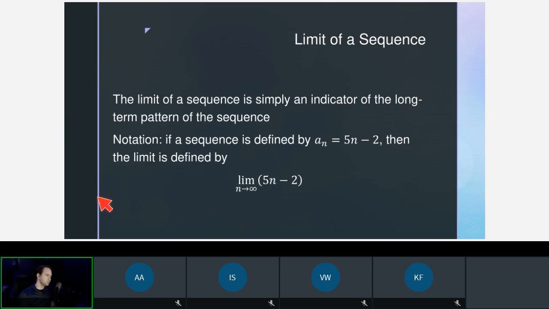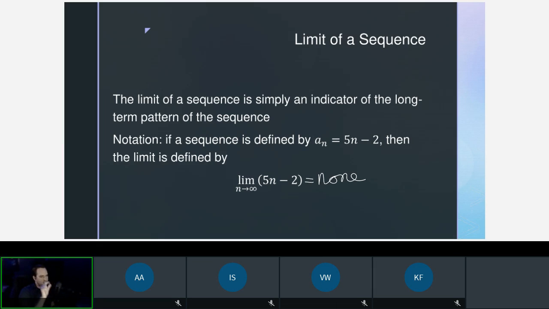The answer is no. So the answer for this one on this screen is the limit equals none. Because the limit goes to infinity, it means it's limitless. So there, the limit is none.